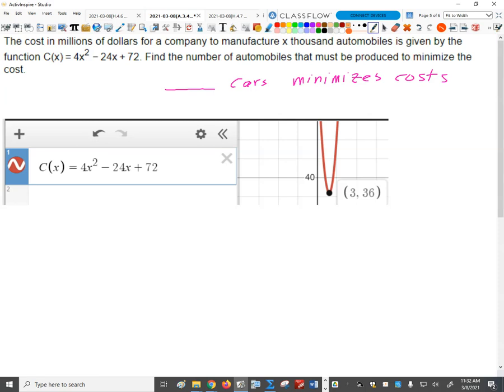Okay, when I make my graph here, you just got to always think in terms of the graph. If I'm graphing this thing, what do the axes represent? What's my input for my C function? What variable is the input variable?